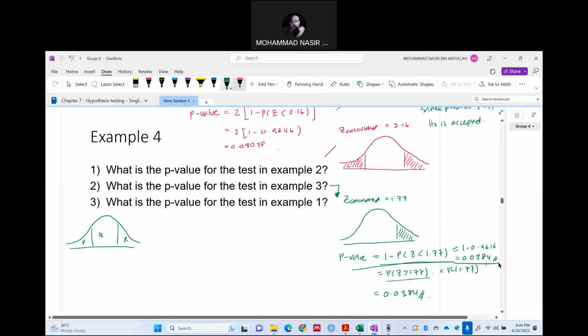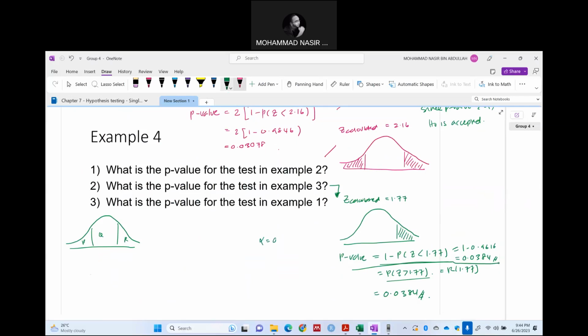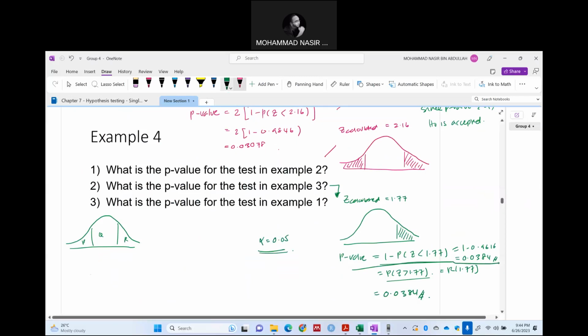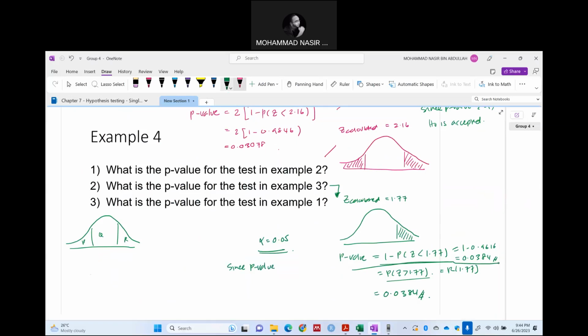So our alpha for example number 3 is 0.05. Remember? So since the p-value 0.0384 is less than alpha, the null hypothesis is rejected. Okay? If you want to use the calculator, it's the same method.